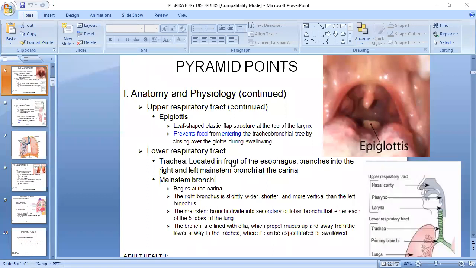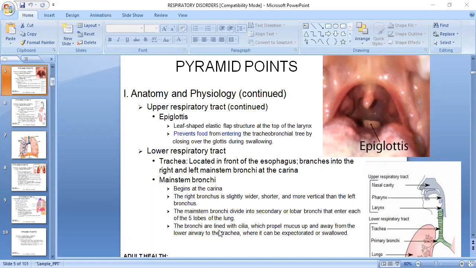The trachea is located in front of the esophagus, and it branches into the right and left mainstem bronchi. So this is the trachea, and it bifurcates into two branches, right? The mainstem bronchi begin at the carina. The right bronchus is slightly wider than the left, and the mainstem bronchi divide into secondary or lower bronchi, which we explained a few minutes ago.